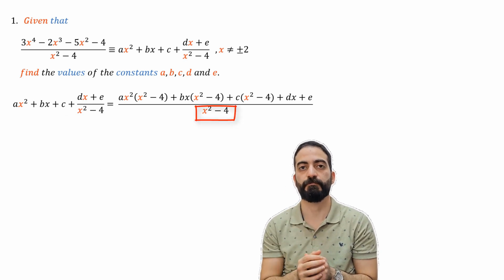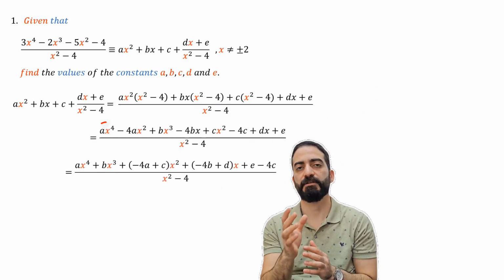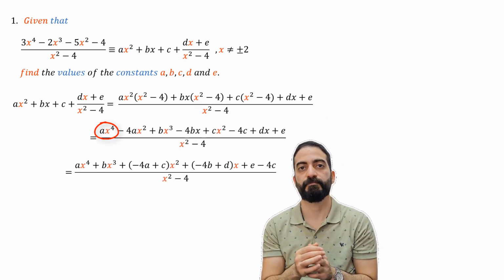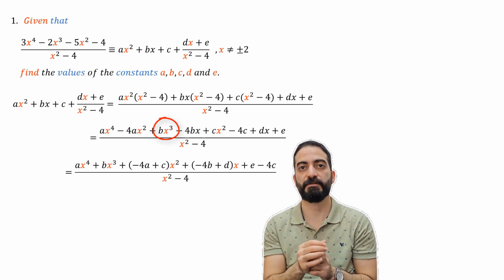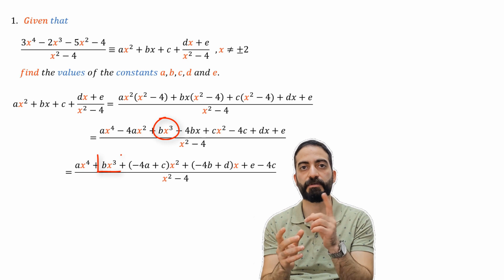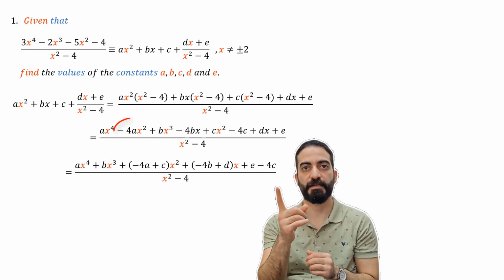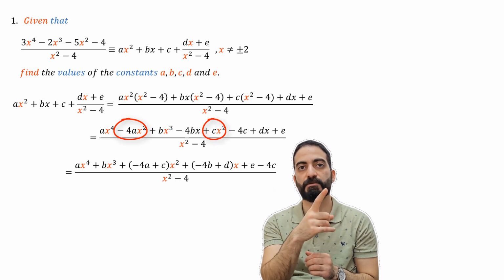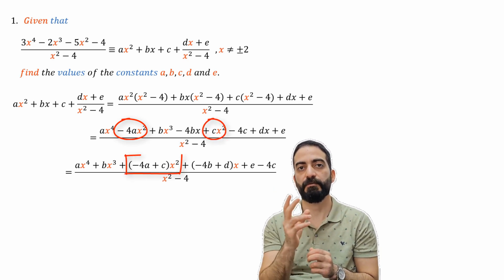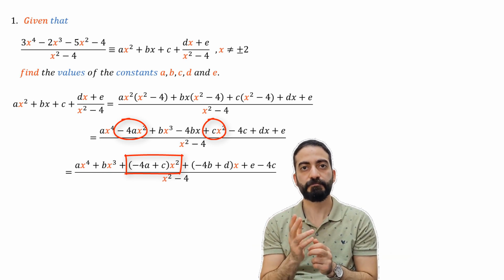x squared minus 4. Now we expand, and here we have Ax⁴, we write it here. Also we have Bx³, so we write here Bx³. As for x squared, we have here minus 4Ax squared, and here we have plus Cx squared, so we write here (minus 4A plus C) x squared.